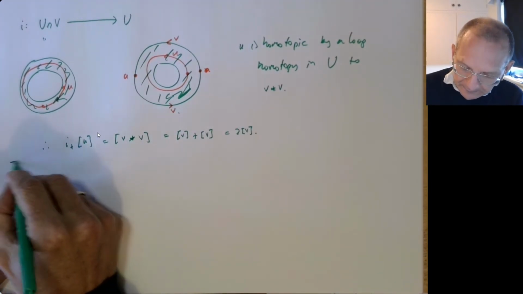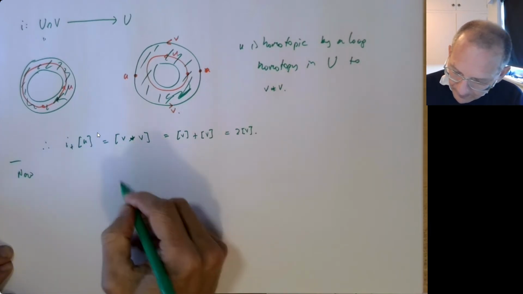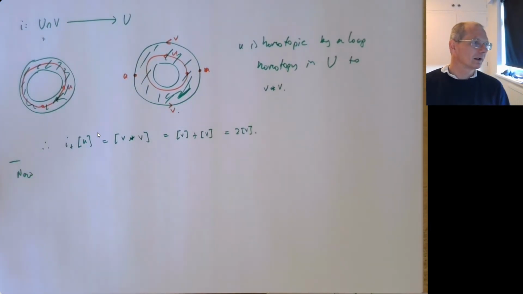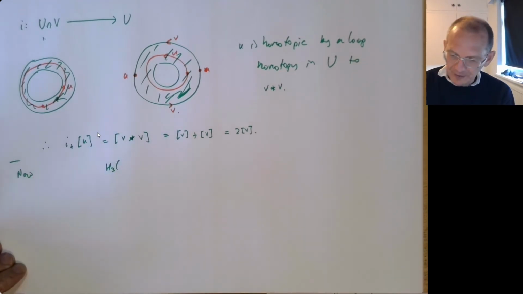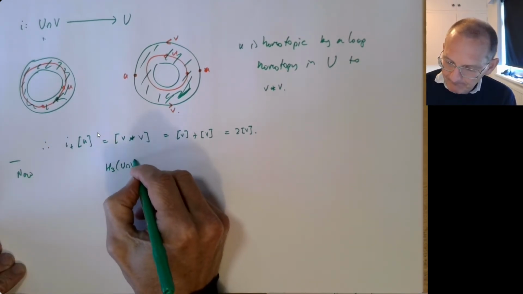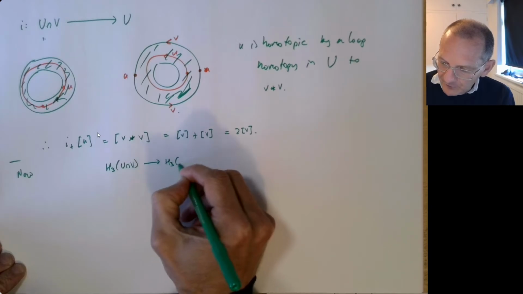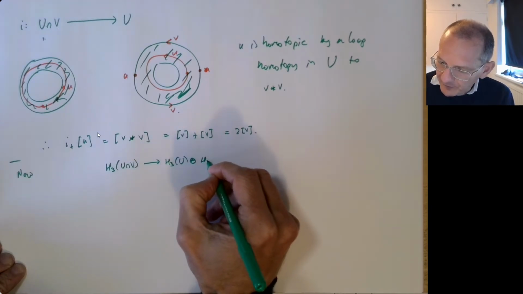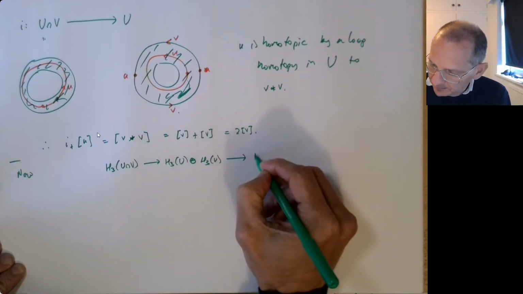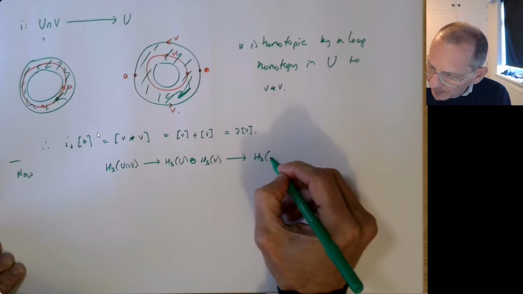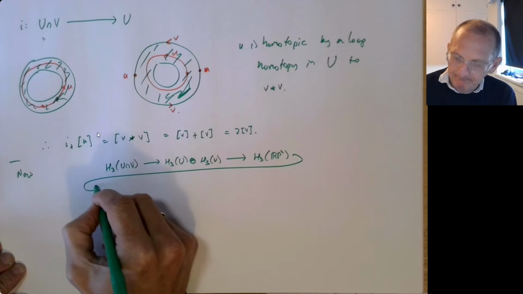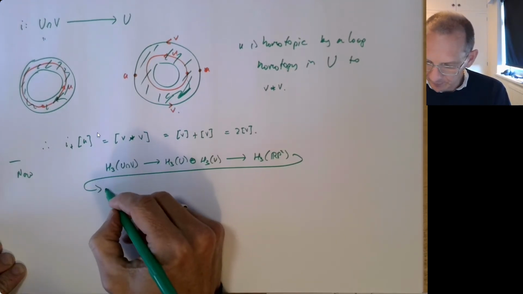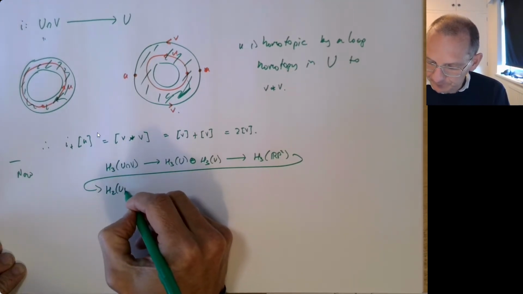Okay, so now we do the truncated Mayer-Vietoris sequence. So we've got our H3 of U intersect V, H3 U plus H3 V, to H3 of RP2, and then it goes around, and you get the same thing with H2.